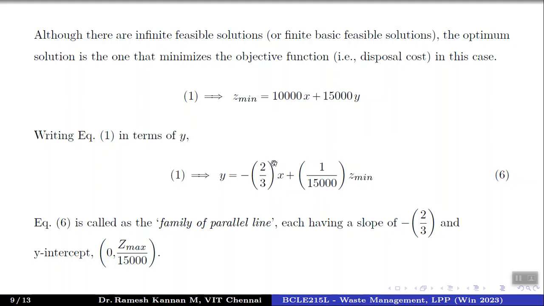Minus 2 by 3 is the slope and 1 by 15,000 z min is the y intercept, right? When you substitute the value of 0 for x, we get the y intercept of 1 by 15,000 z minimum. It's not maximum, I beg your pardon, it's minimum. That's a typographical error.